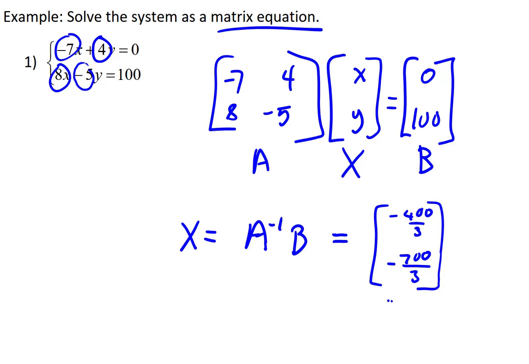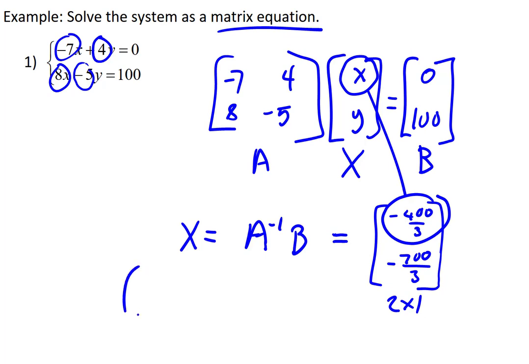Remember, this is just a 2x1 constant matrix. The first entry is -400/3, and the bottom entry is -700/3, which means, again, that if you line things up with how the variable matrix was set up, the first variable was x, so the first entry would then match what that is.